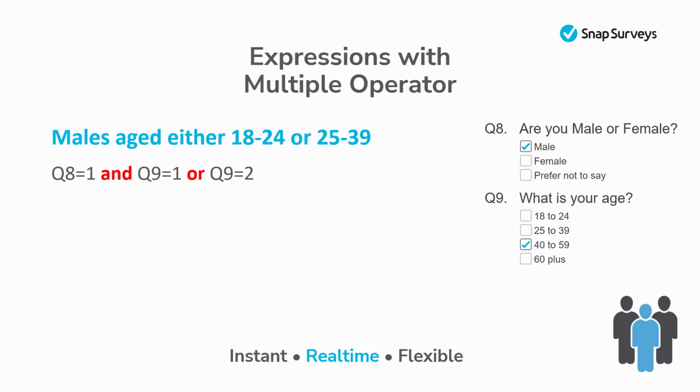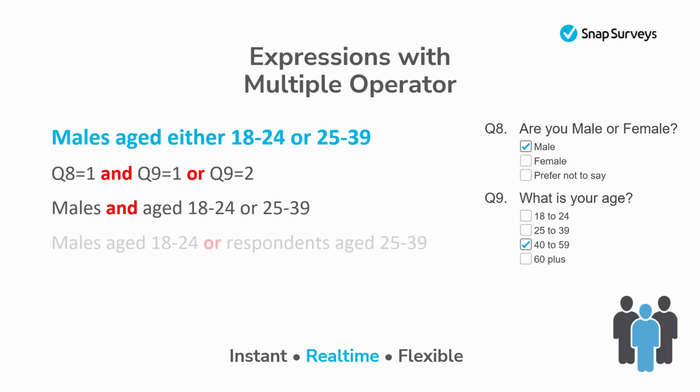It could be interpreted as either the males 18 to 24 or 25 to 39, or it could perhaps be read as the males who are 18 to 24 or any respondents who are aged 25 to 39. But the good news is that this can all be sorted using brackets.